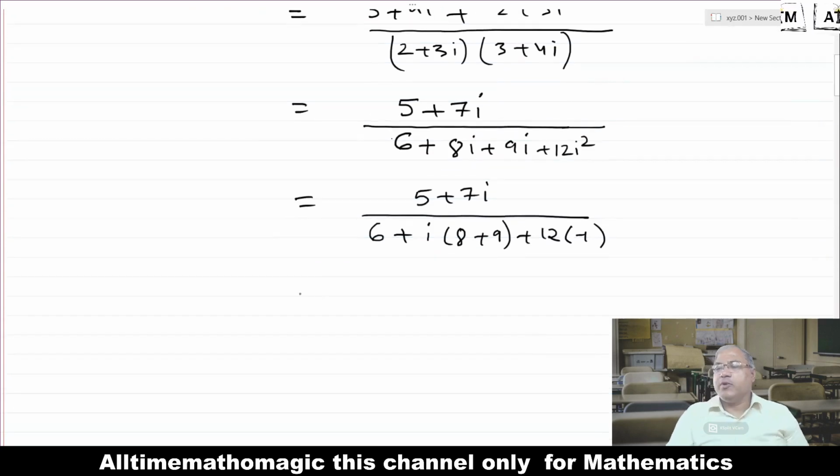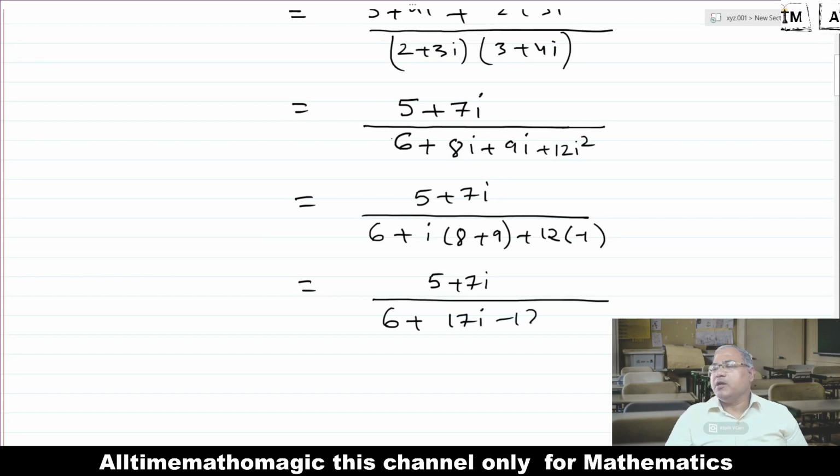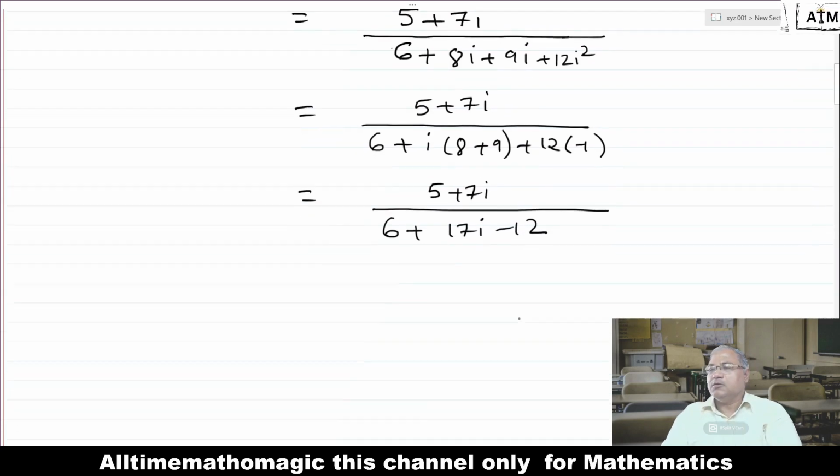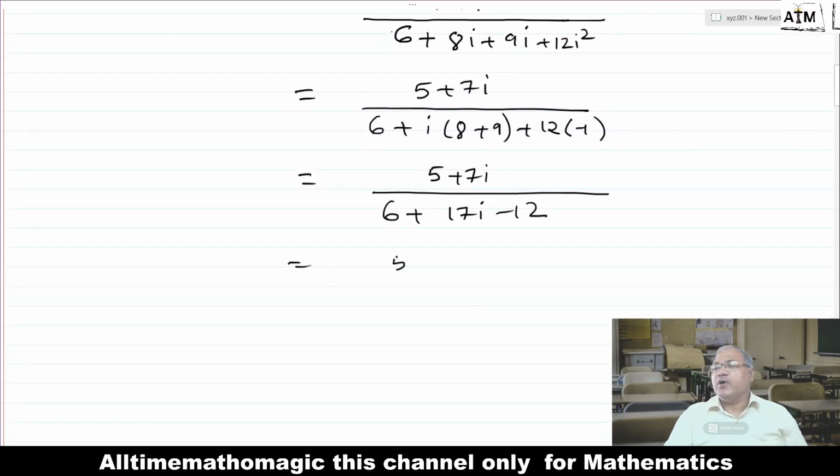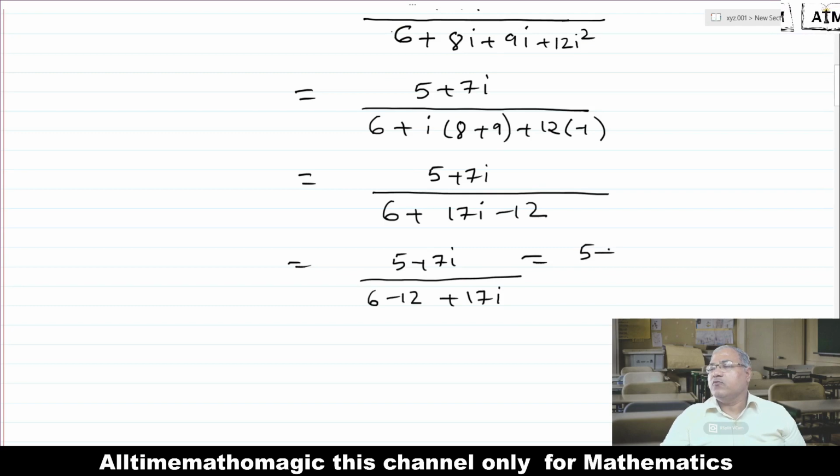I square equals minus 1, so that equals 5 plus 7i upon 6 plus 17i minus 12, that is 5 plus 7i upon 6 minus 12 plus 17i, equals 5 plus 7i upon minus 6 plus 17i.